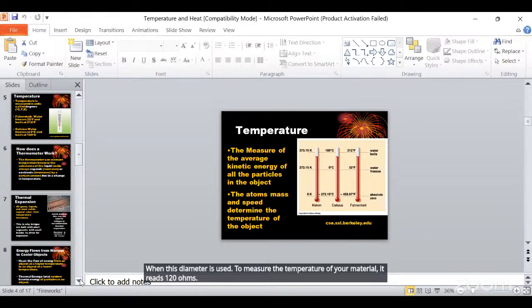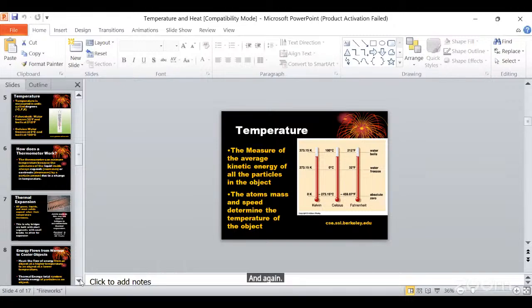What is the temperature of this material in degree Fahrenheit, and in degree Kelvin?